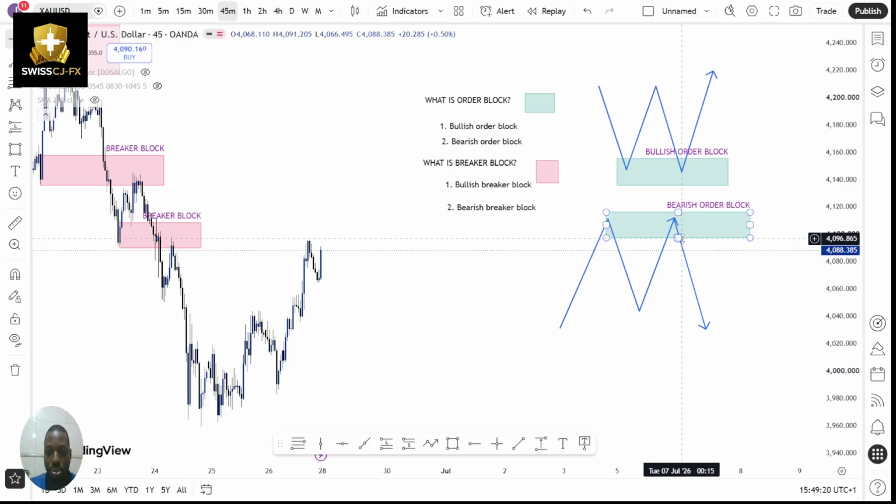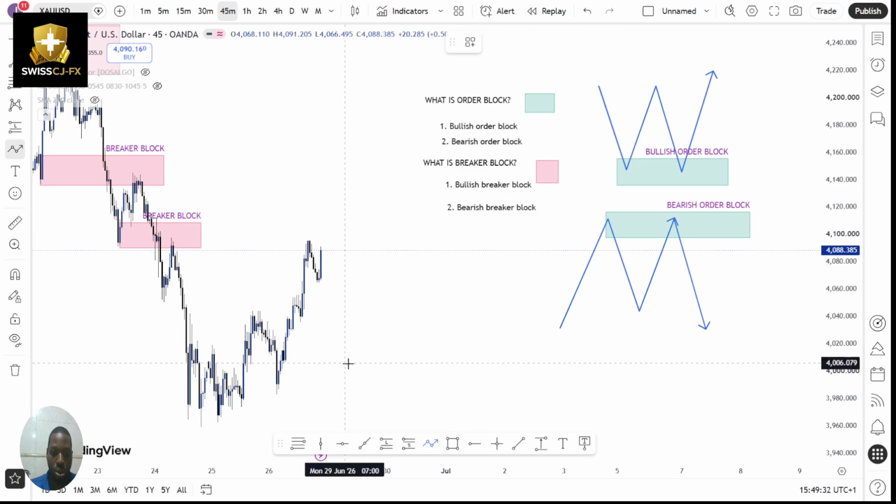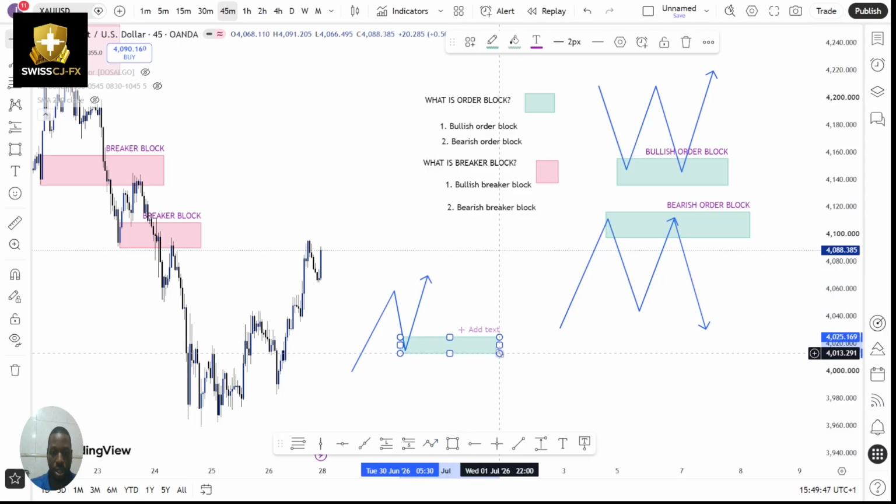It is very, very simple. For instance, if the market is bullish and moving in the upward direction, the market moves in this manner, then it comes like this. You just mark this zone like this and wait for price.